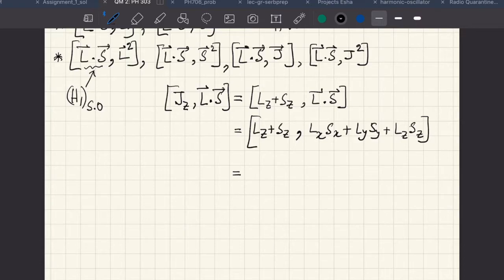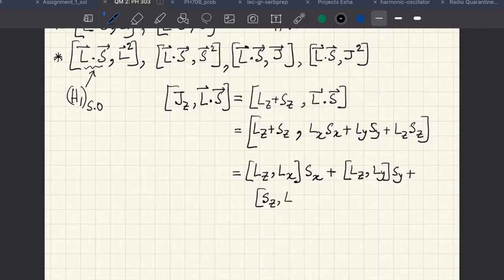And then again you can see that the non-zero things that will remain are the LZ, LX commutator with SX, plus LZ, LY commutator with SY, plus SZ, SX commutator with LX, plus SZ, SY commutator with LY. All other commutators are 0, keeping in mind that L and S both commute with each other.